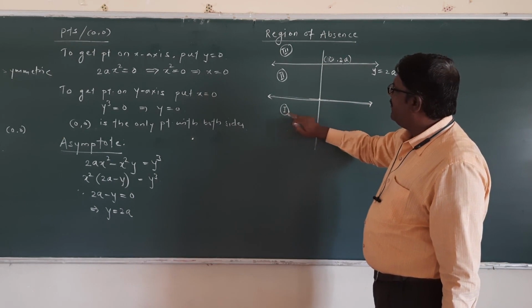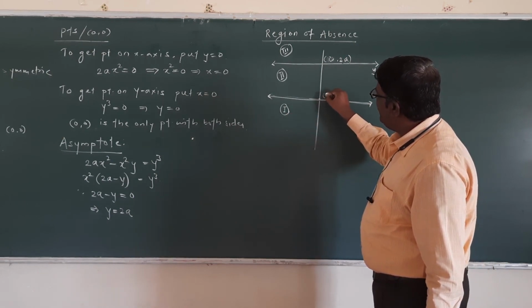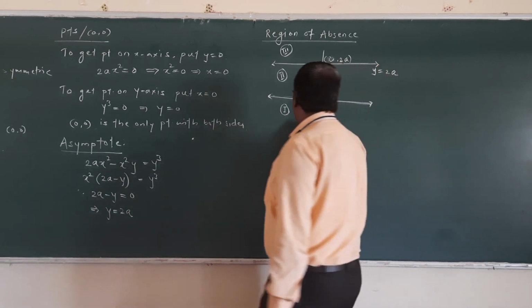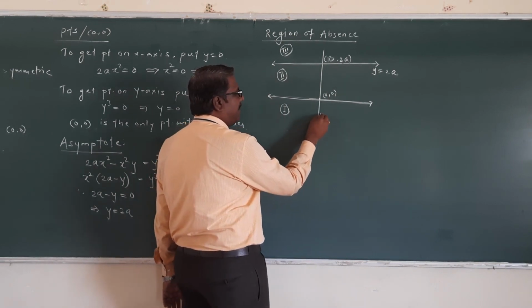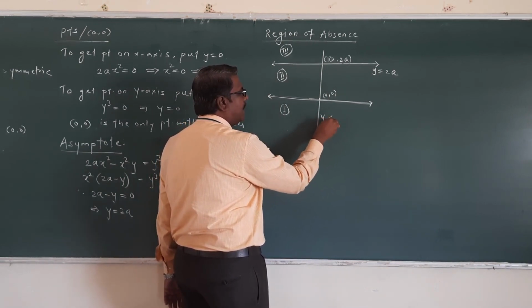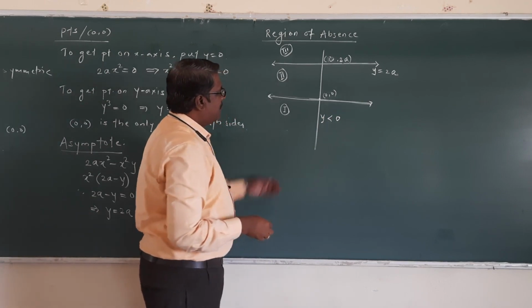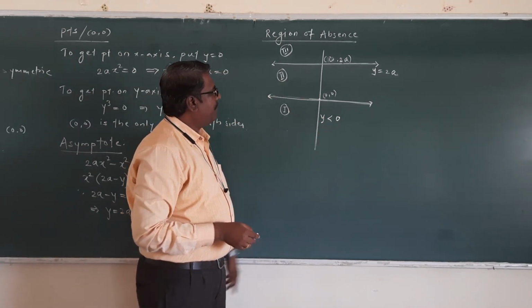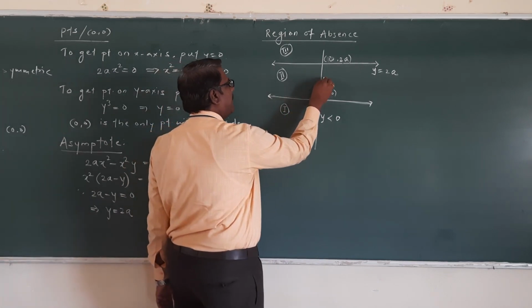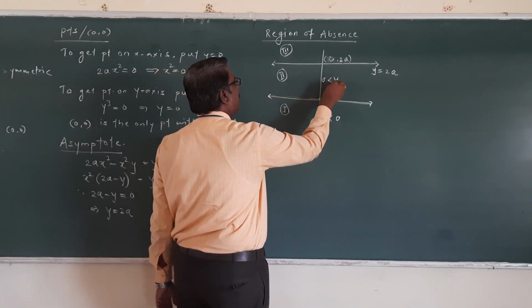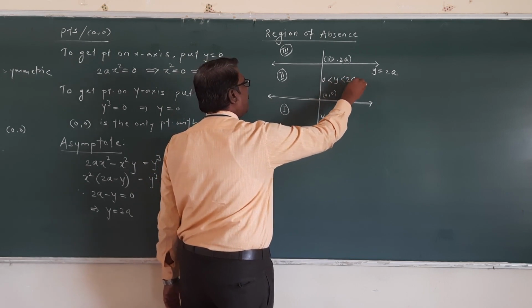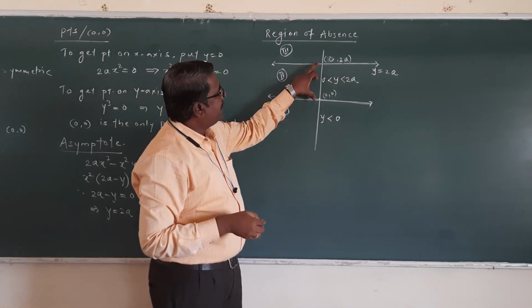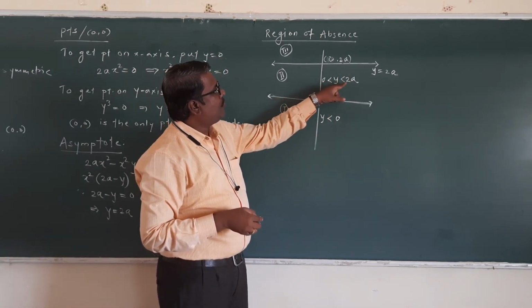How do we define this first partition? This point is the origin. So the first partition is defined as y less than 0, because below the x-axis the value of y is always negative. The second partition we can define as 0 less than y less than 2a, because in this interval y ranges from 0 to 2a.